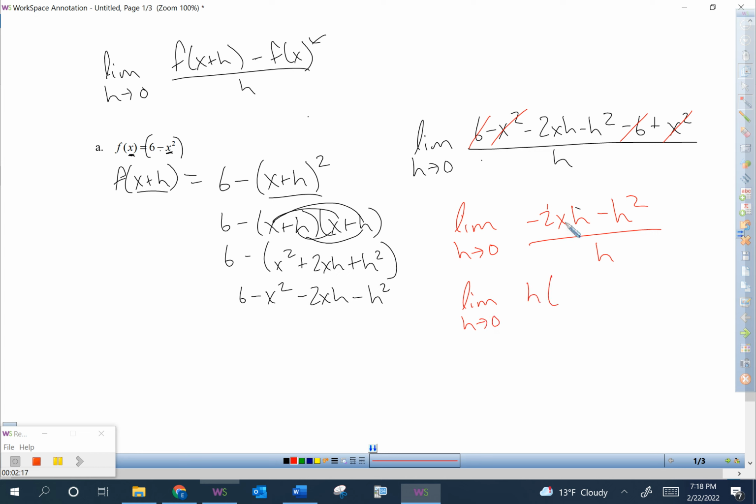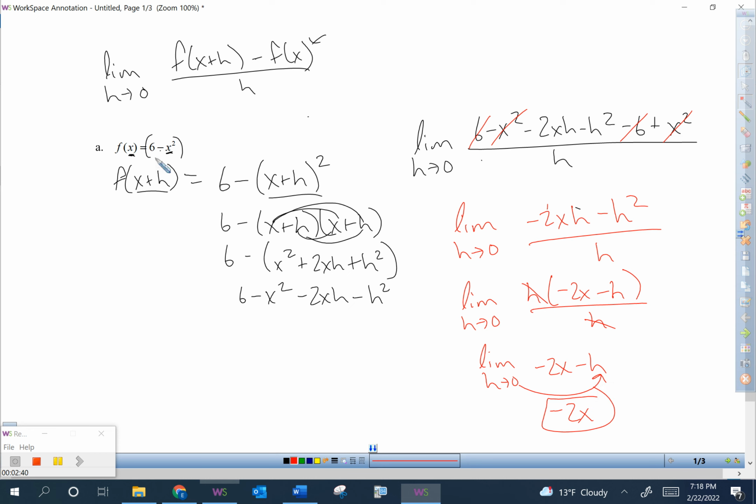We're writing what's left. That's negative 2x over here, that's a single h left over, and then those h's go away. So at this point, we've got our limit as h approaches 0 for just negative 2x minus h. And we can plug in 0 right there to give us negative 2x, and we are done.